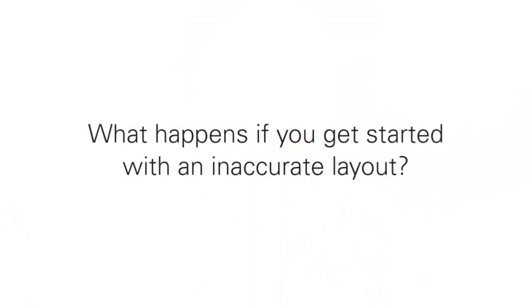Anyway, the next one is, what happens if you get started in an inaccurate layout? Well, there are ways that you can go ahead and pull it back together by using some of the methods that I use for the layout, the straight edge and divider. The straight edge and divider usually comes in a little bit later, although there are many ways that you can incorporate it into various places along the drawing process.